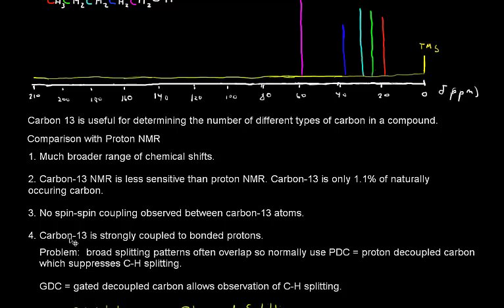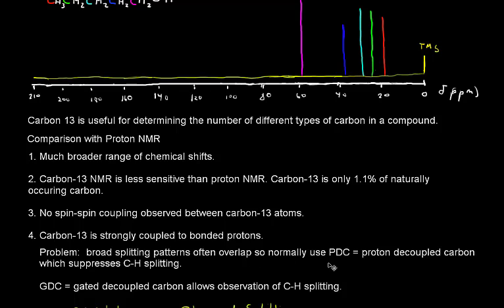Now, carbon-13 does strongly couple, is strongly split by protons that are bonded to it, and that actually can be a problem. It's a problem because the splitting is so strong that you get these strong broad splitting patterns, doublets and triplets and quartets and multiplets, that are so broad that they often overlap.